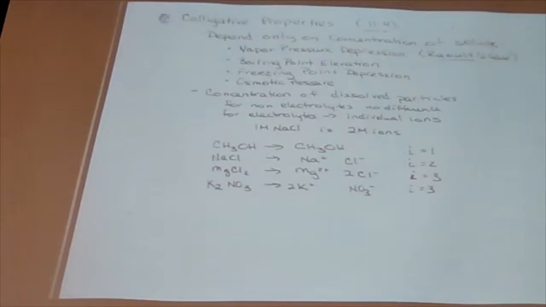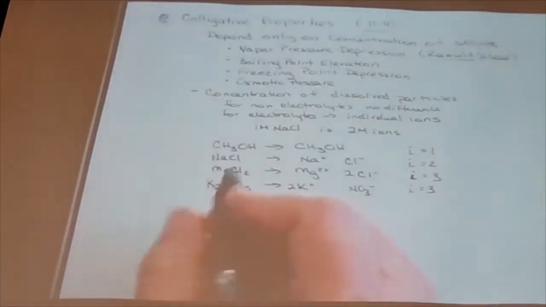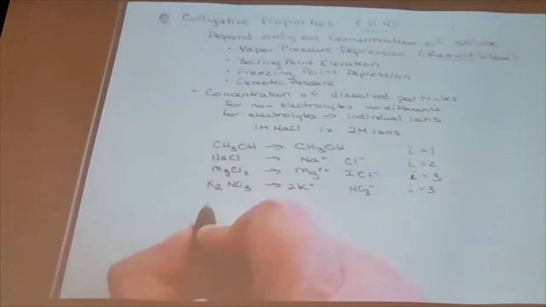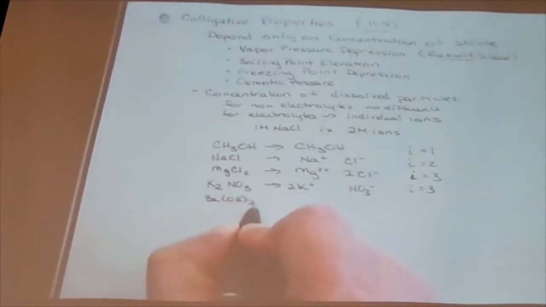All right, so do you think you kind of have the idea of how this works? I'm going to write down a few of them. You try them out, talk with people around you, see if you're coming up with the same thing. So let's do barium hydroxide, lithium phosphate, and sucrose.